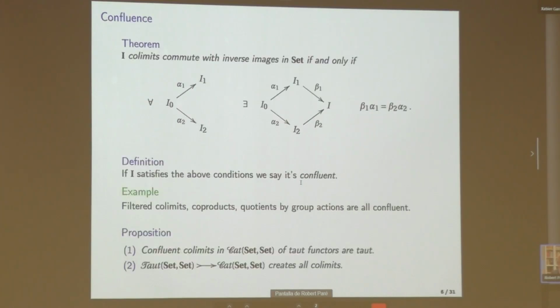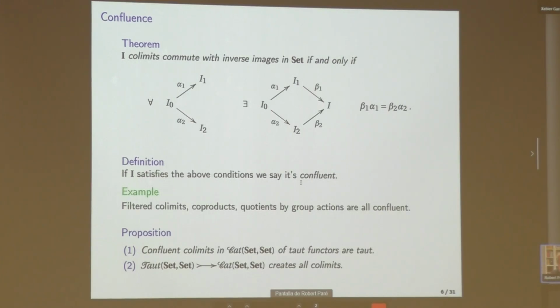Of course, colimits don't commute with limits, but in Set we know, for example, that filtered colimits commute with finite limits. So a filtered colimit of top functors would be top, and so we can characterize those colimits that commute with inverse images in Set.